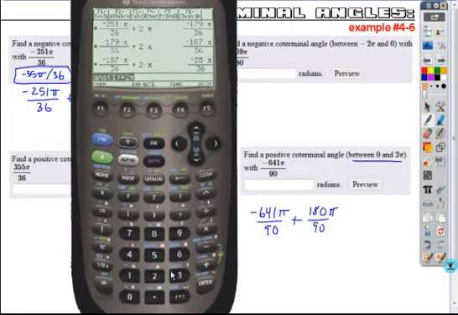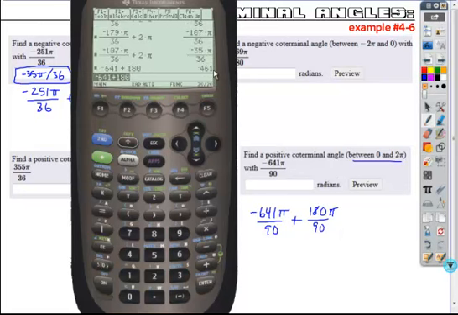So what I'm going to do is start with my calculator. I'm going to take negative 641, and I'm going to add multiples of 180 until I get somewhere between 0 and 180 as my answer. Again, I'm working on just the numerators here. So my first time through, I get negative 461, so I need to keep going, plus another 180. I need to keep going, plus another 180.